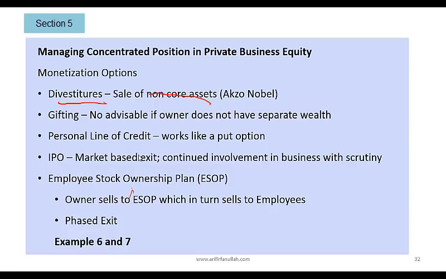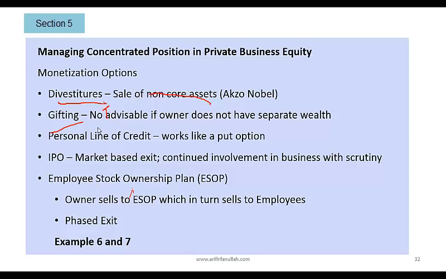So, you could take a look at the Clariant acquisition or ExxonMobil, a lot of examples. Gifting. Now, gifting is not advisable. If the owner does not have a separate wealth, in the sense that if he gifts the business and that's it, then what? He's in trouble.